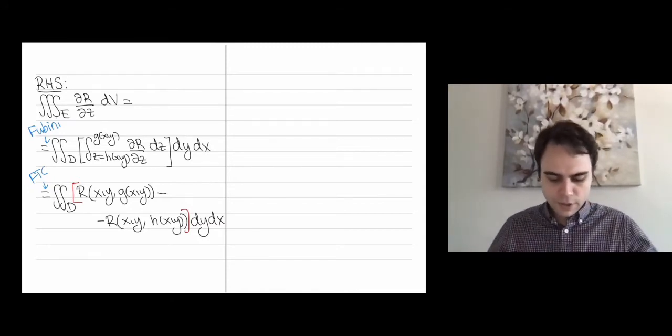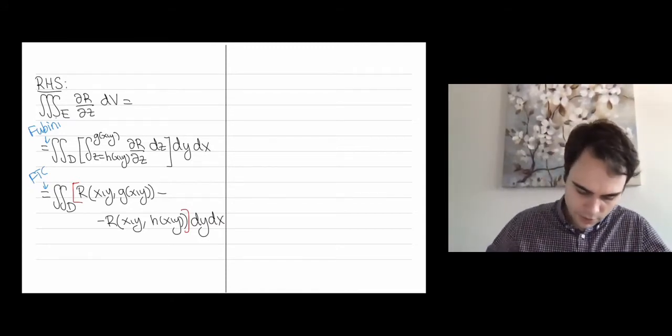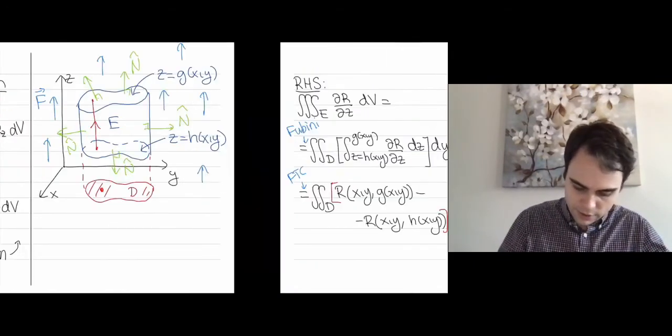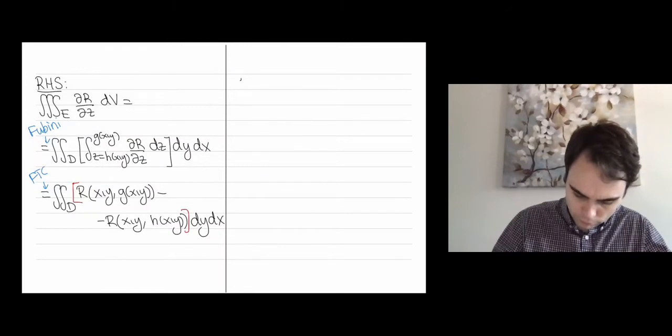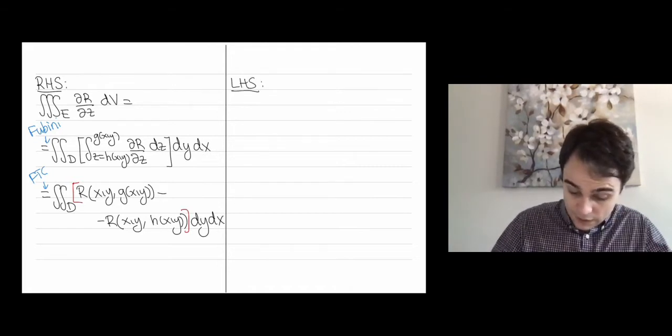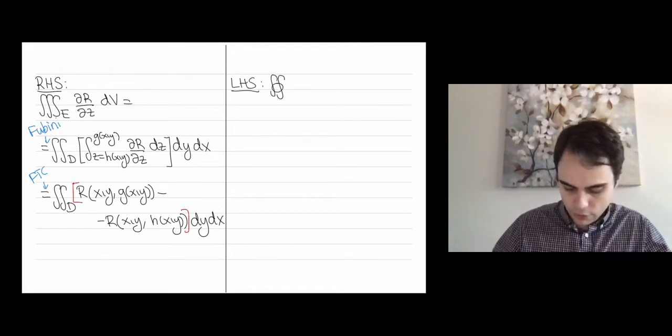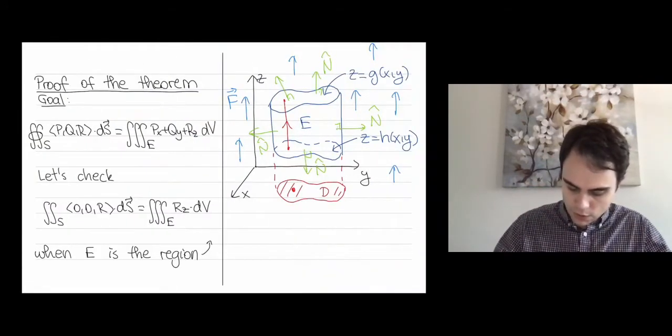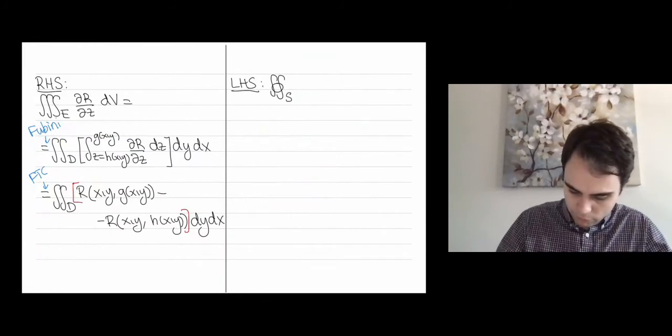Okay, now let's compare to the left-hand side of the theorem. The left-hand side here is the flux through the surface, the double integral over the surface.